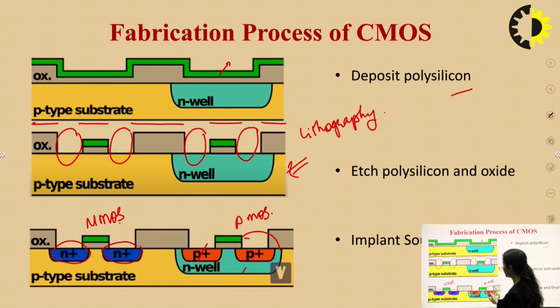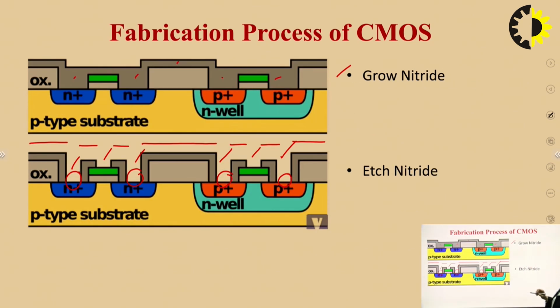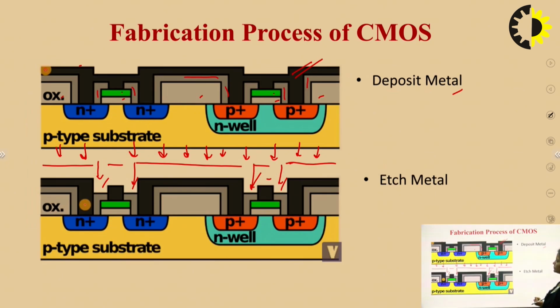The doping has been done, and in this the P-type impurity doping has been done for creation of P MOSFET. Then the next step, before metallization, the nitride layer has been grown, patterned and etched using the solvents. And at the last, after etching the nitride, metallization has been done.